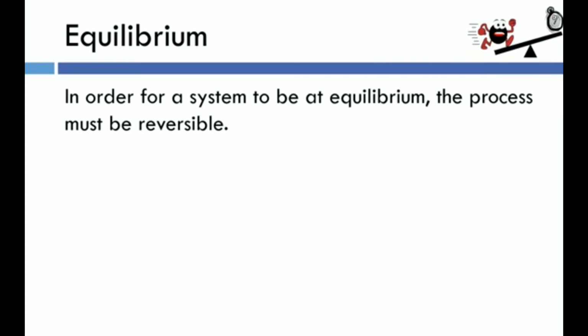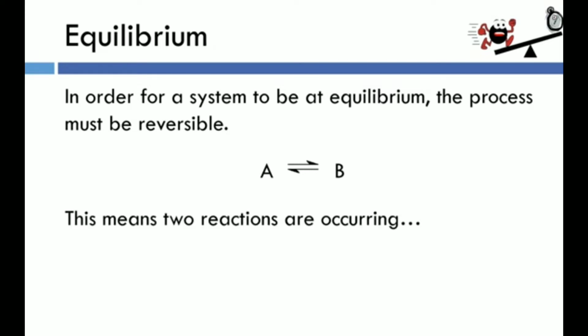In order for equilibrium to occur, the processes must be reversible. So when we look at this simplified equation, we can see that the double-headed arrow indicates that the reaction is reversible. It does not indicate a reaction at equilibrium.